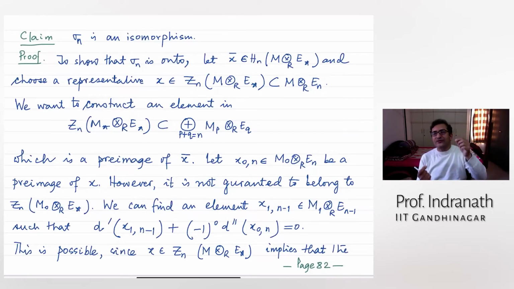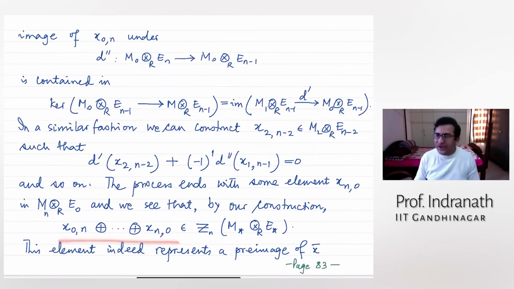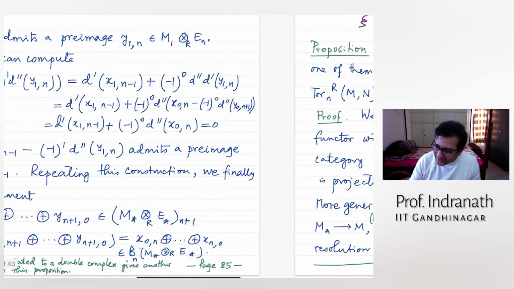Finally, you have to say that you have come to an end at the last stage, and then you take the sum of those elements, and finally you have your desired element, which is a cycle in the double complex. This is very important.